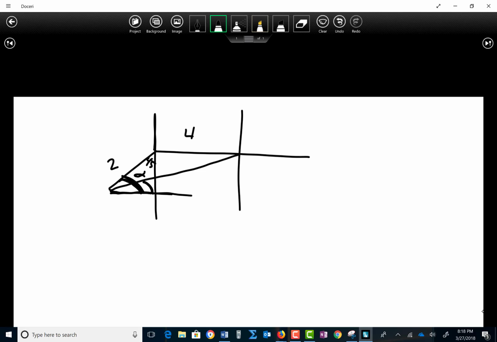So I could use law of cosines again because I know this side. What did we say that it was? 5.596.